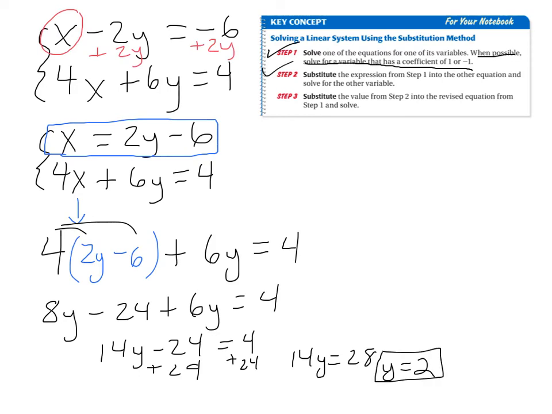Step 3 says take a look at that second equation, the original equation that you revised, this one here. And you've got x equals 2y minus 6, but you just learned what y is. y is 2, so let's put that 2 in.